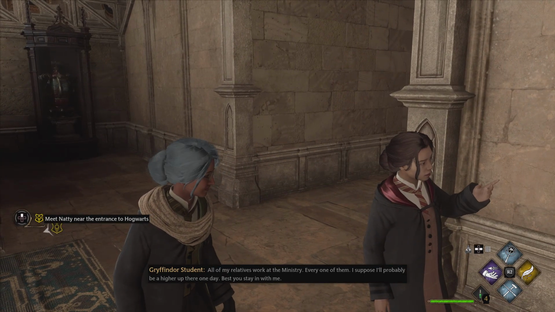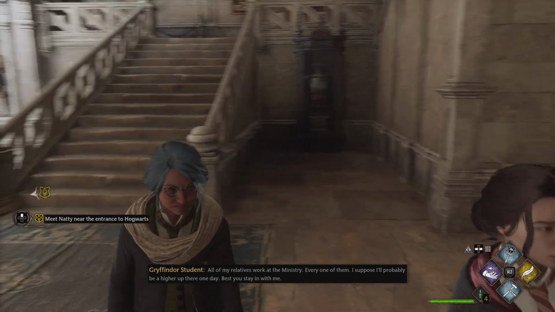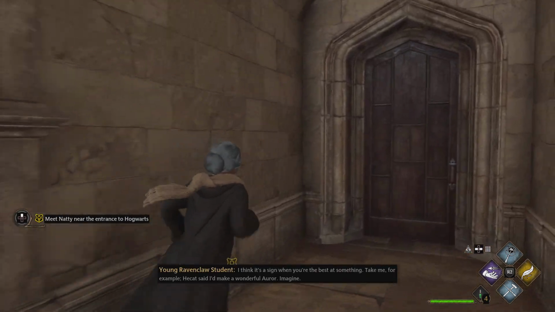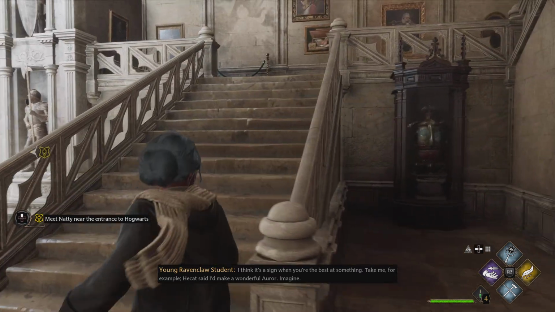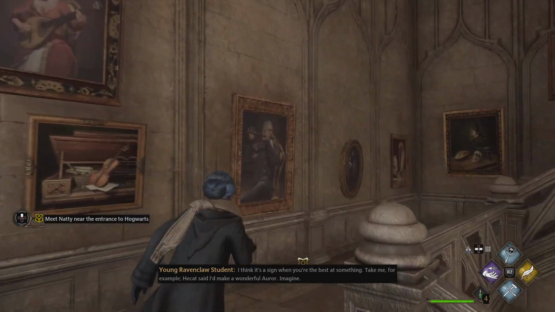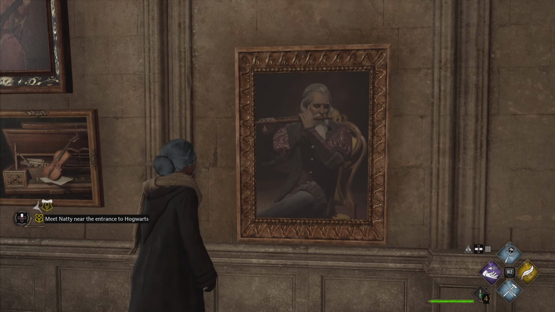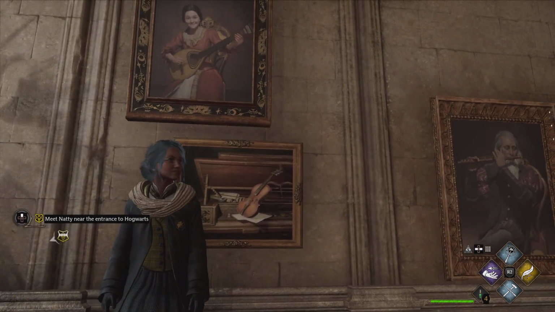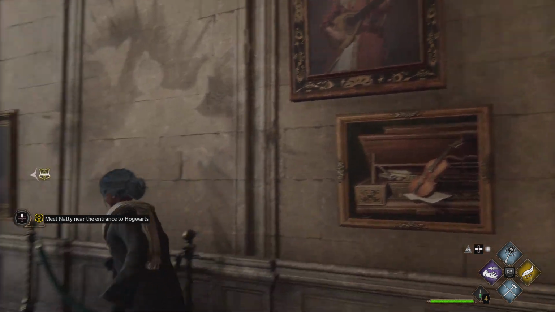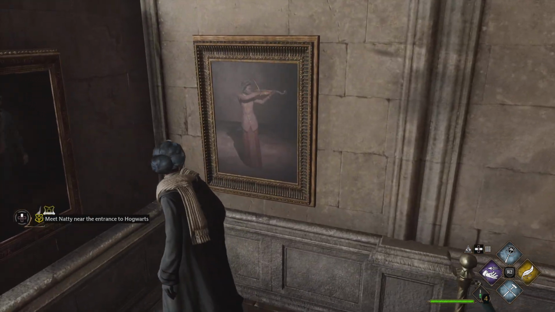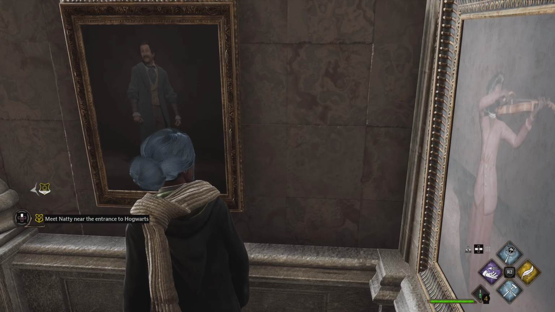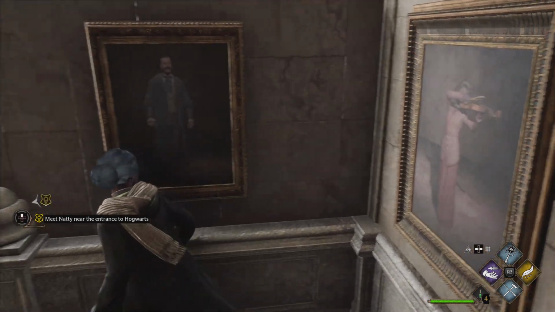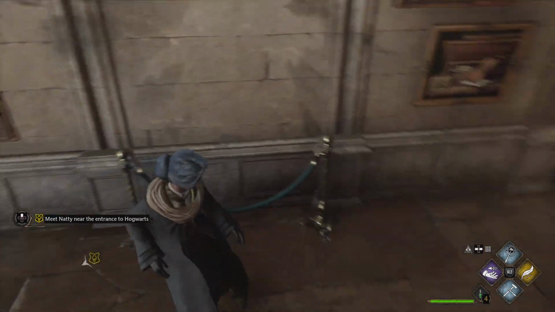I suppose I'll probably be a higher up there one day. Best just stay in with me. I'd rather not. You seem like you're full of it. Snap, cuz. Oh man, you vibing. Wow, musicians. Got a whole orchestra in this motherfucker. He's just happy to be there. He's just happy to be in the picture at all.